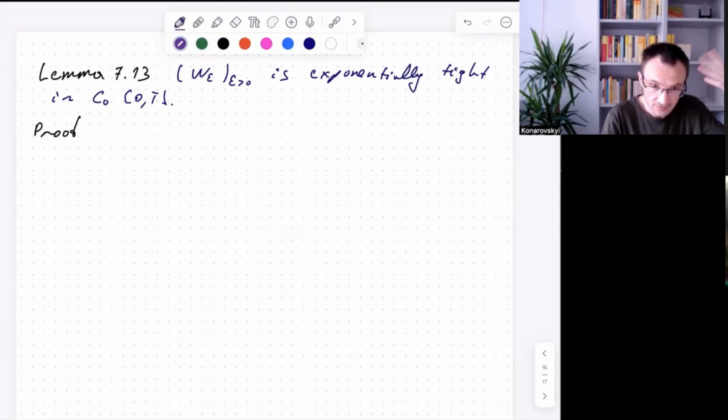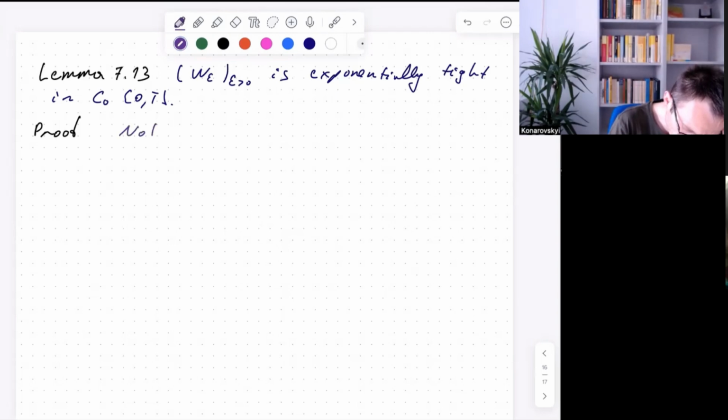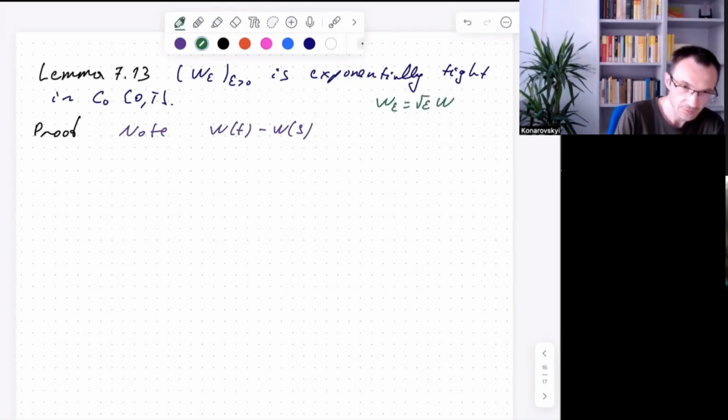We will try to control that exponent. First of all, note that W^epsilon is square root of epsilon times W, right? And W is a Brownian motion, so W_t minus W_s has a normal distribution with expectation 0 and variance t minus s.